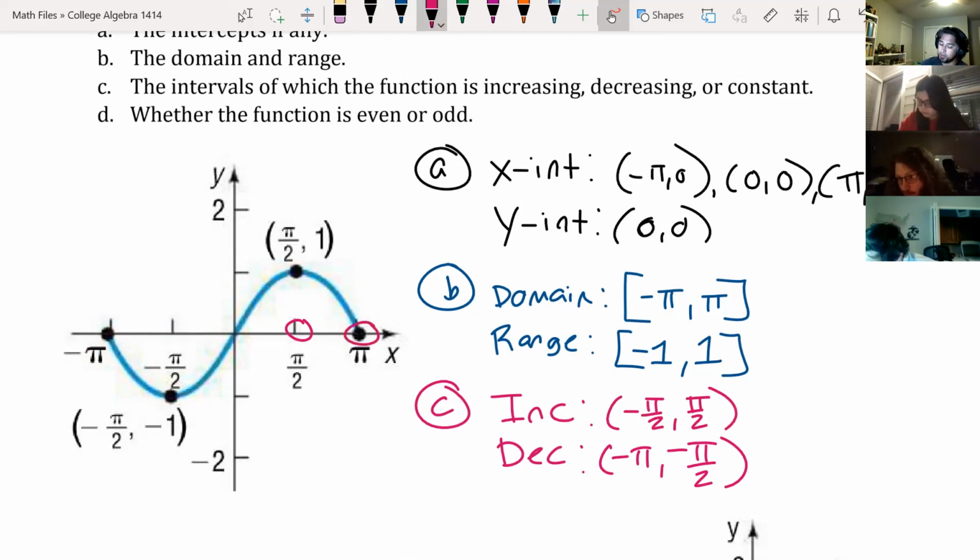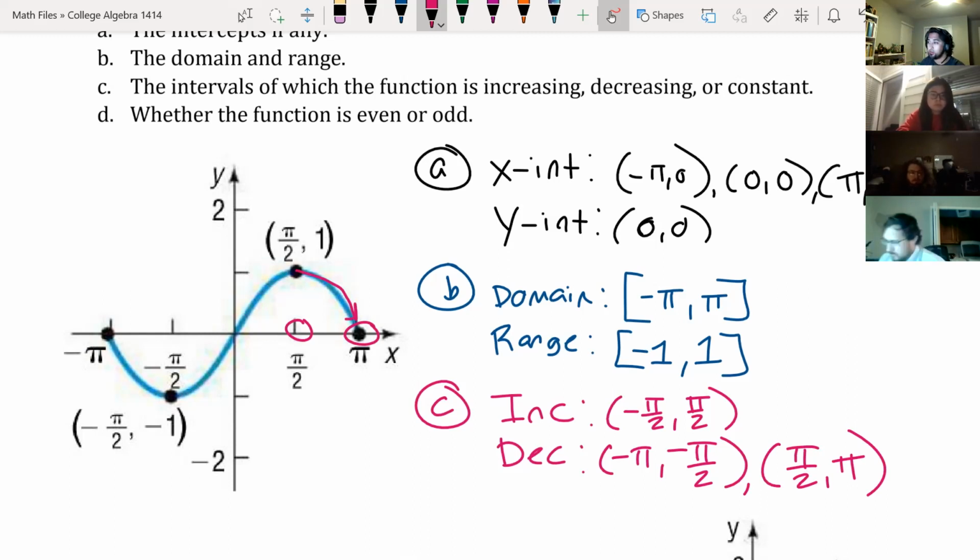From pi over 2 to pi, the function starts to do what again? Decrease. Good. Are there any intervals of being constant? You see any horizontal lines, anything like that? No. Okay. And then last piece, even, odd, or neither.